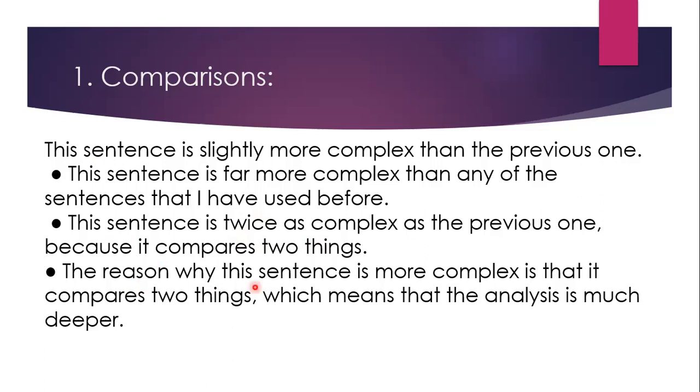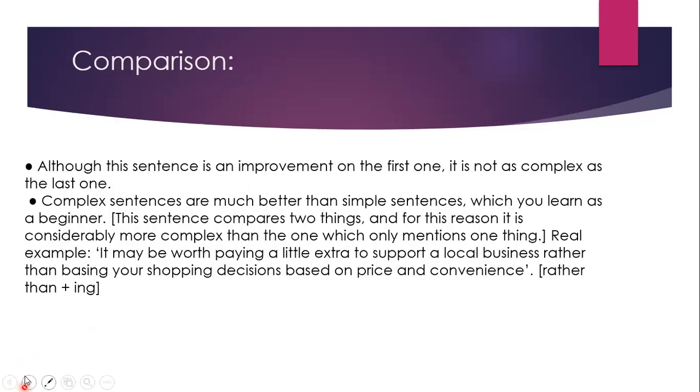The reason why this sentence is more complex is that it compares two things, which means that the analysis is much deeper. The reason why, here we use why, then here we use the relative pronoun which. And you also did a comparison with more. So eventually the whole sentence sounds more complex than any other sentence. I hope this elaborates and clears your thoughts regarding the comparison sentences.